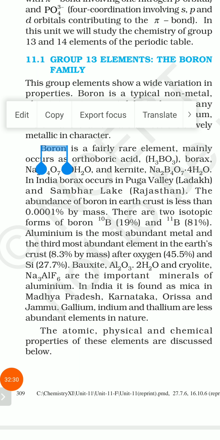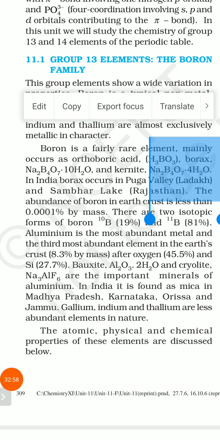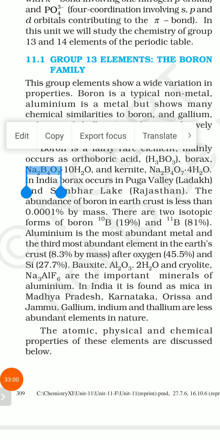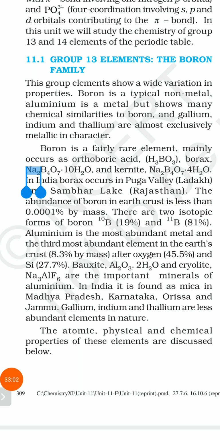One is orthoboric acid, with the chemical formula H3BO3. The second compound is borax. The chemical formula for borax is Na2B4O7.10H2O.